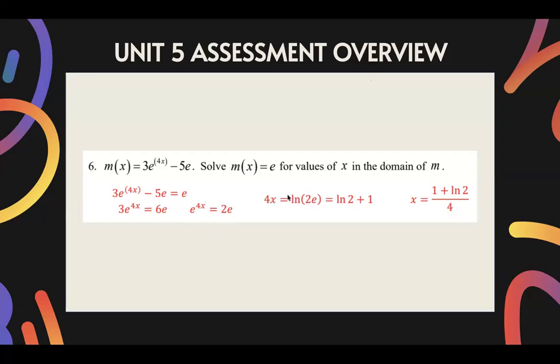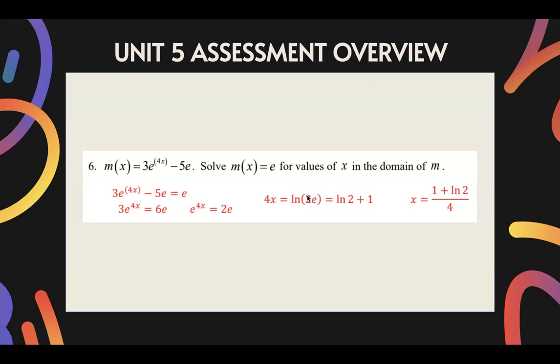As a reminder, we rewrite log base e as ln. Now from here, this is why I really want you practicing this. You might just end up giving a final answer that says ln of 2 divided by 4, which is not entirely wrong. It's just not entirely right. So you have to simplify it all the way.